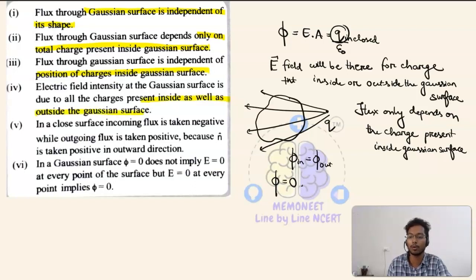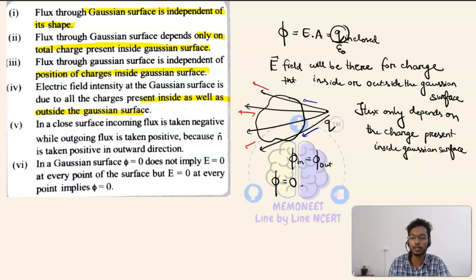In a closed surface, incoming flux is taken negative, while outgoing flux is taken positive, because n cap is taken positive in the outward direction. That is, this is the incoming flux and this is the outgoing flux. Likewise, we will calculate in the problems.